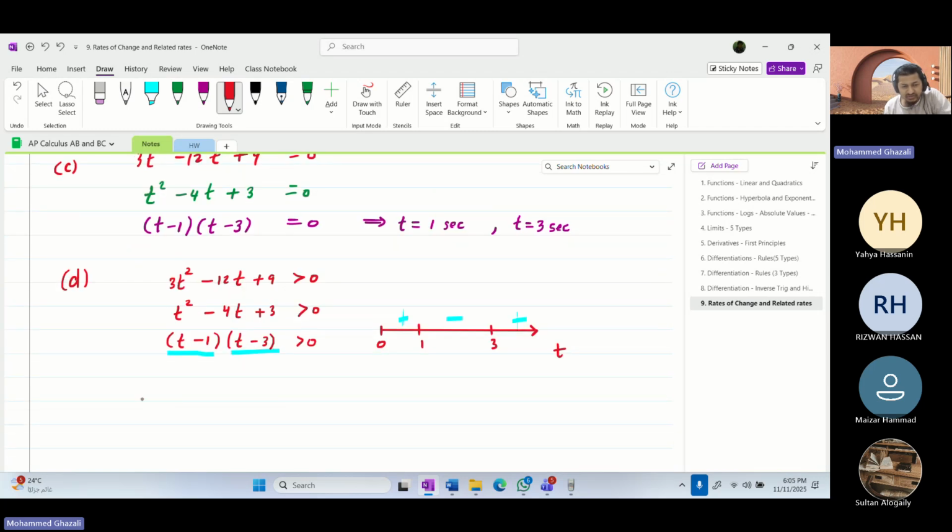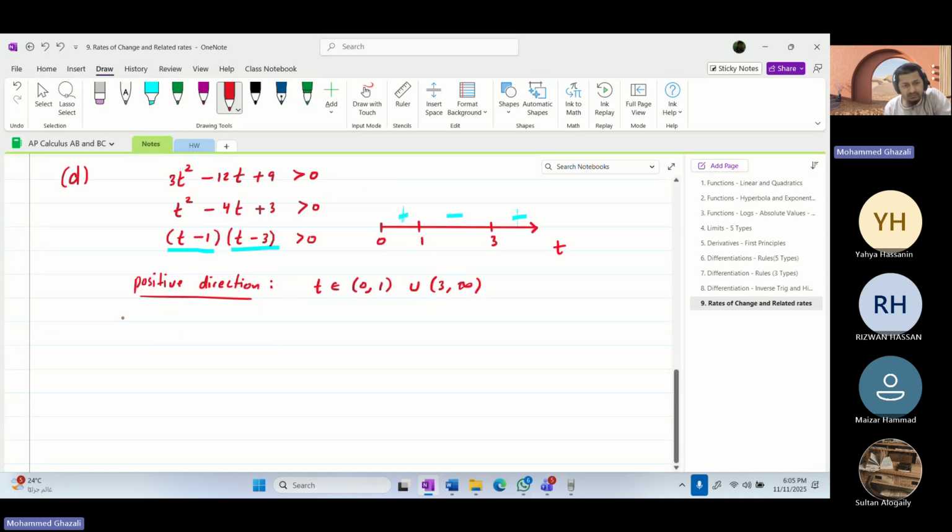The positive direction is when t is an element from 0 to 1, or from 3 to infinity. It's moving in the positive direction.